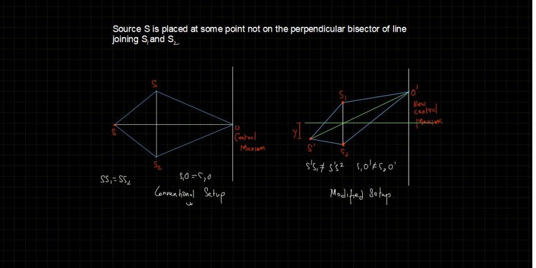However, the secondary wavelets originating from S1 and S2 will have no path difference when they reach O'.